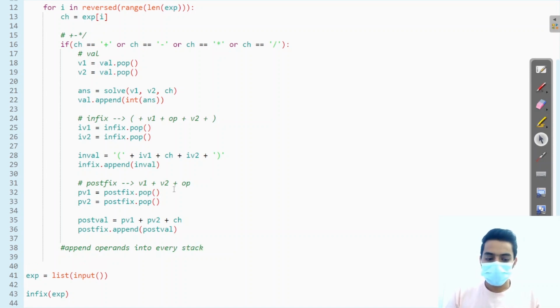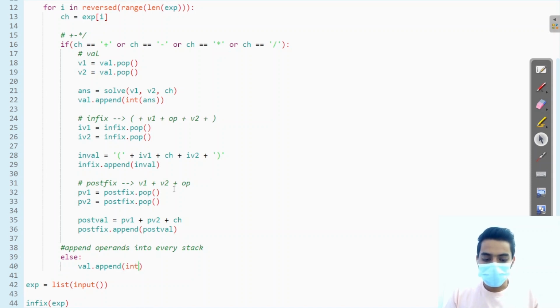Okay, so the else part will be doing this thing. So in the value stack, value dot append int of ch. If the character is an operand, we need to push the element into the integer stack, so we need to convert this operand into integer.